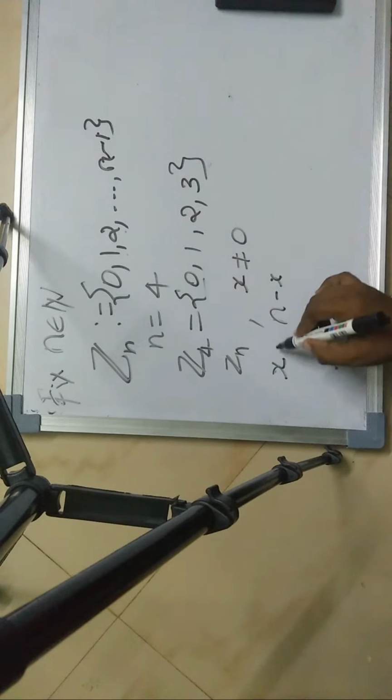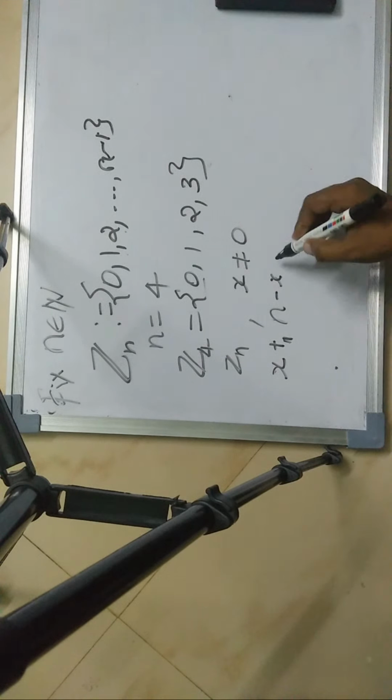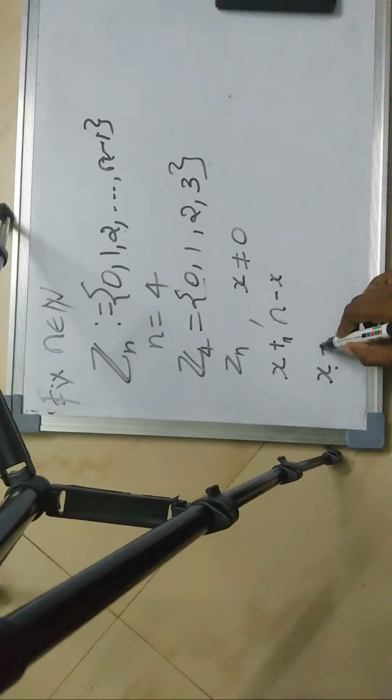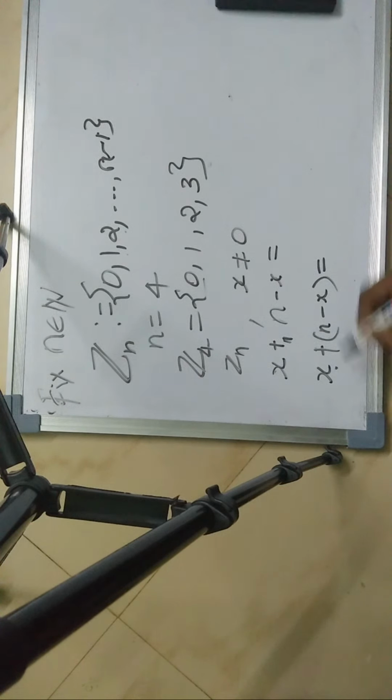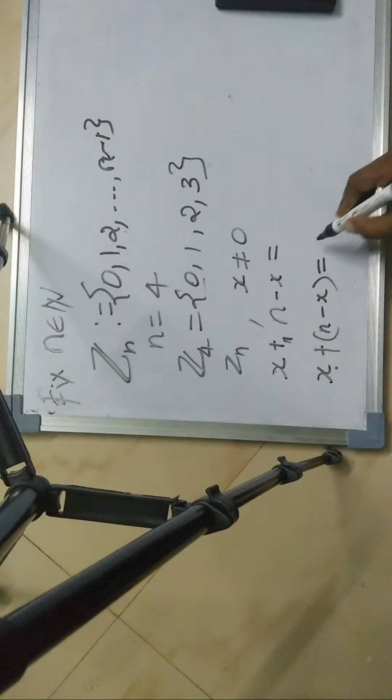So x addition modulo n minus x: we do the usual addition, x plus n minus x, which, since integer addition is associative and commutative, results in n.